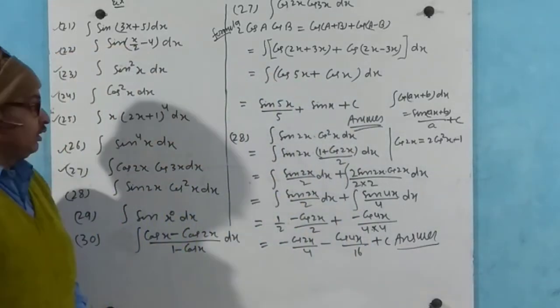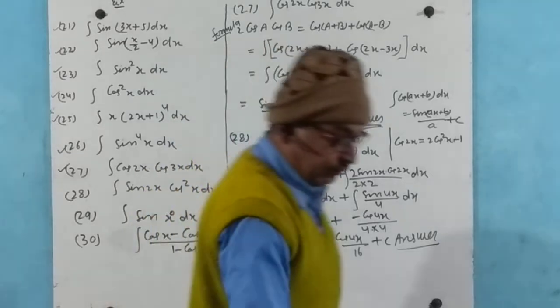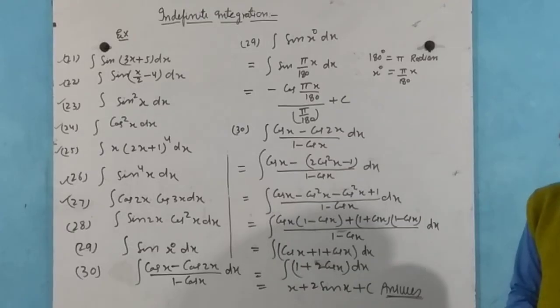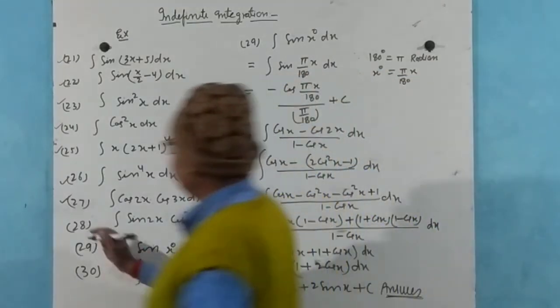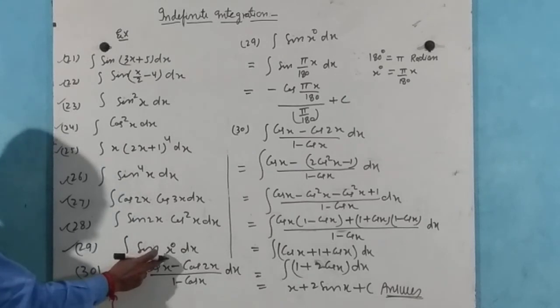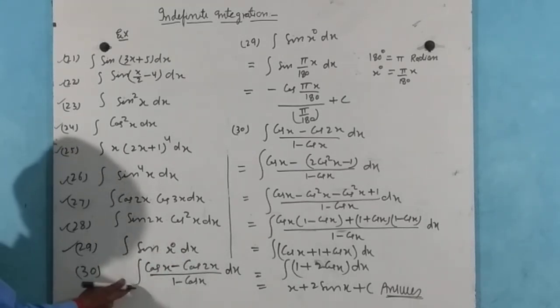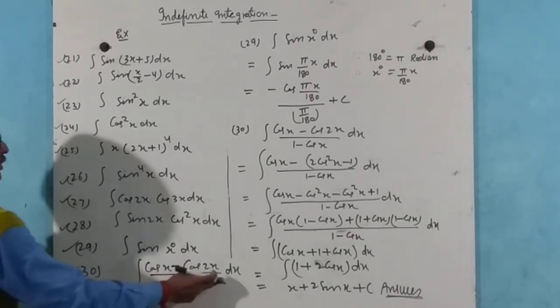Now we take another example. Question number 29, the integration of sin x degree dx, and 30, the integration of cos x minus cos 2x divided by 1 minus cos x dx.